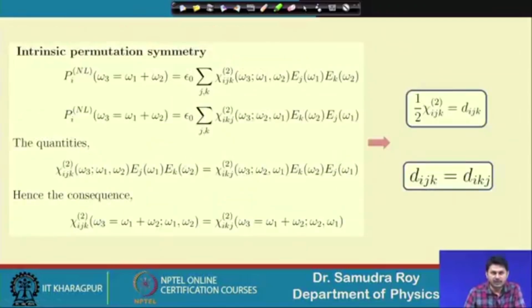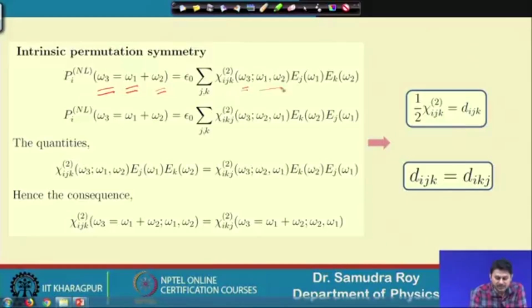Now, fortunately we have some kind of permutation symmetry in this particular system. What is the permutation symmetry? Let us write here. Permutation symmetry suggests that if I want to find the polarization at a particular frequency, say omega 3, and this omega 3 is generated due to 2 waves of omega 1 and omega 2, then I can have the susceptibility with the frequency omega 3, generated by omega 1 and omega 2, and the electric field of the jth component and the electric field of the kth component have the frequencies omega 1 and omega 2.